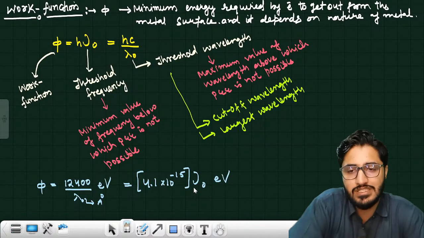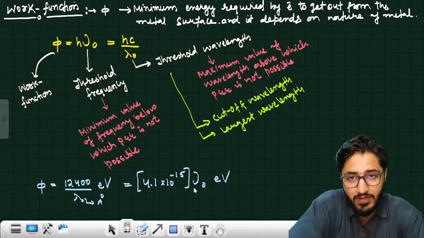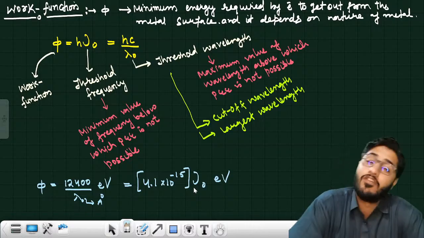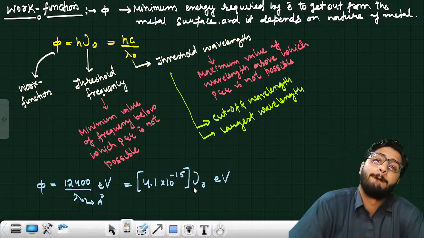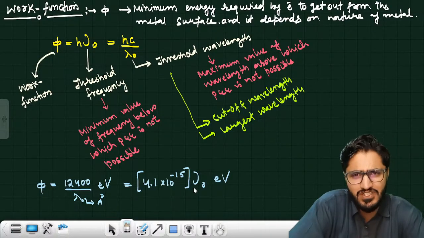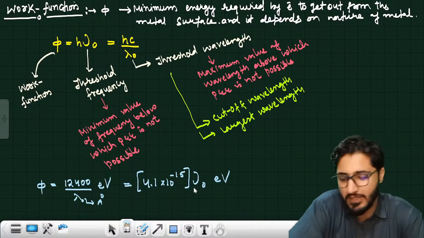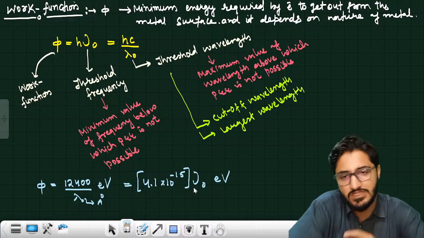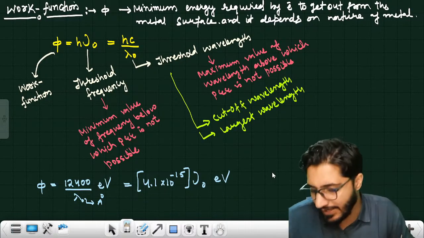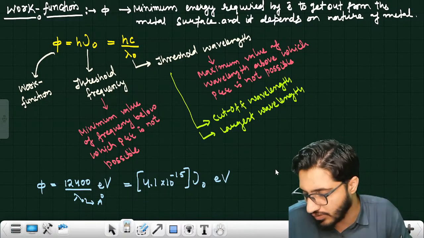These two conversions you need to remember. One more is 2 times 10 to the power minus 25. These are some conversions that you need to remember so that you will get your answer in a very quick way.